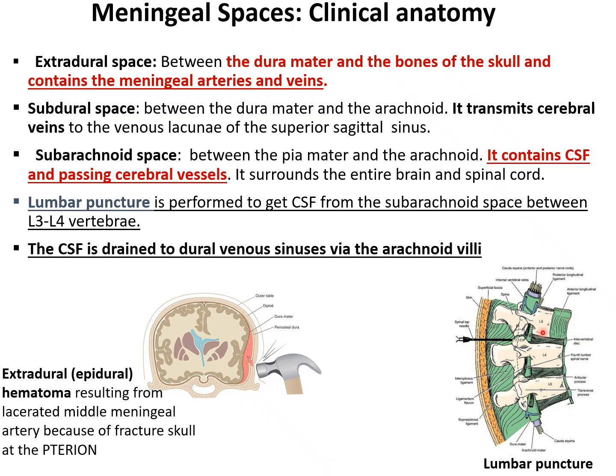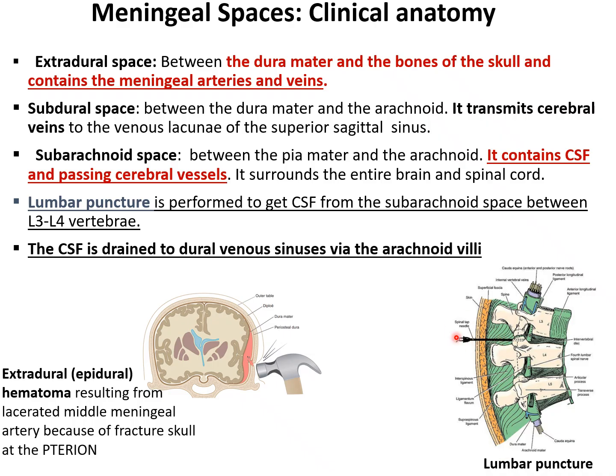Here is the clinical importance of the subarachnoid space, where we can inject a needle to take a sample of CSF for diagnosis, or you can inject drugs or local anesthesia to block sensation, for example when doing a cesarean section.